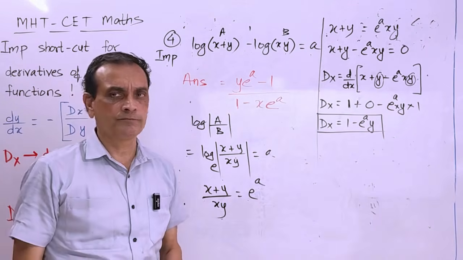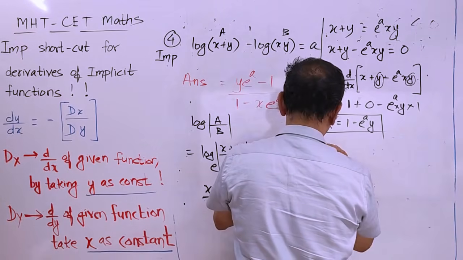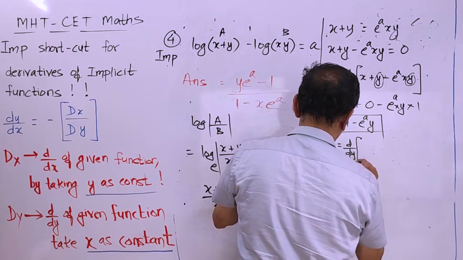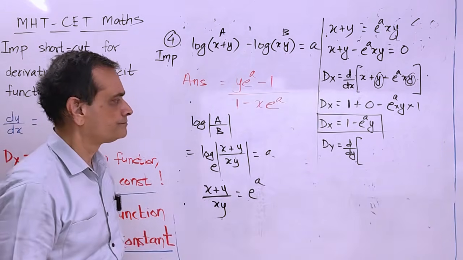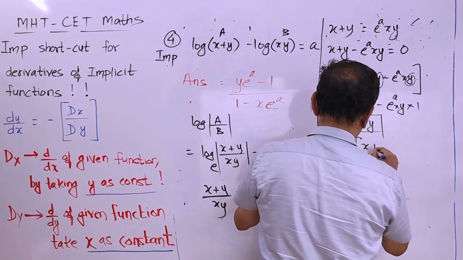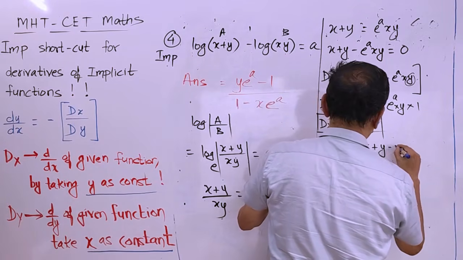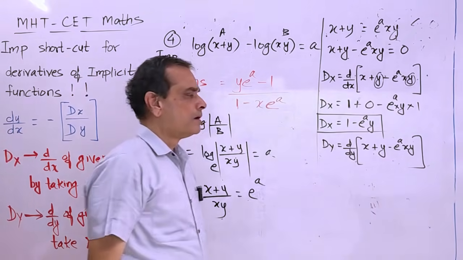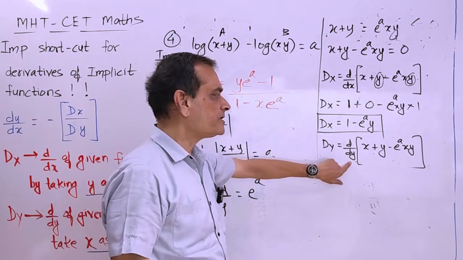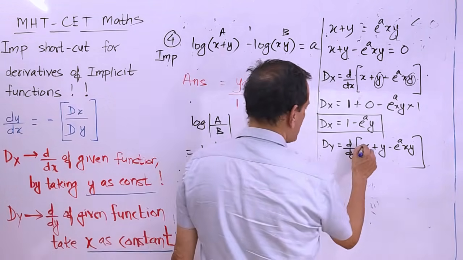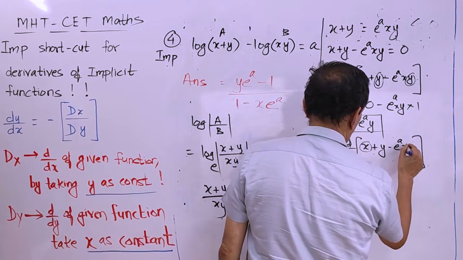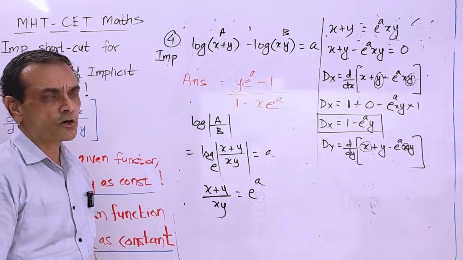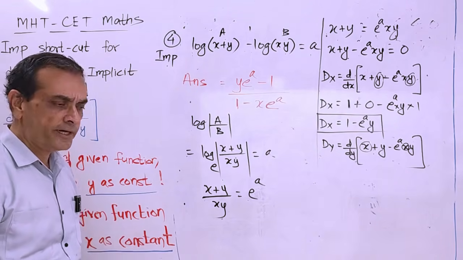Let us find dy now. Derivative with respect to y means x is taken as a constant. x is taken as a constant, and only x means derivative is 0.